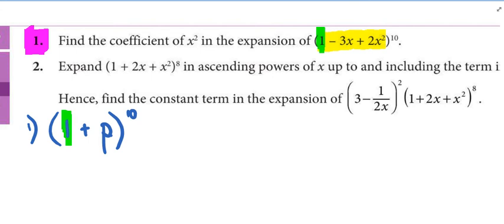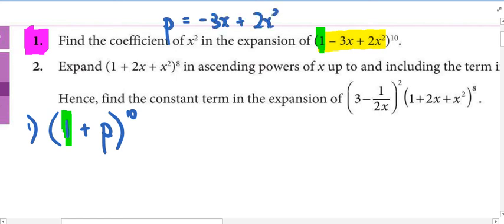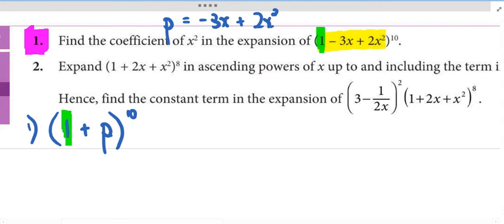So later the P, after you expand, you will need to replace. Meaning, I need to let my P be equal to negative 3x plus 2x squared after I expand for 2 terms. Okay? You will not be able to see now, no worry. But just tell yourself for binomial, you can only expand 2 terms in the round bracket. Alright, I'll pause here for a while.